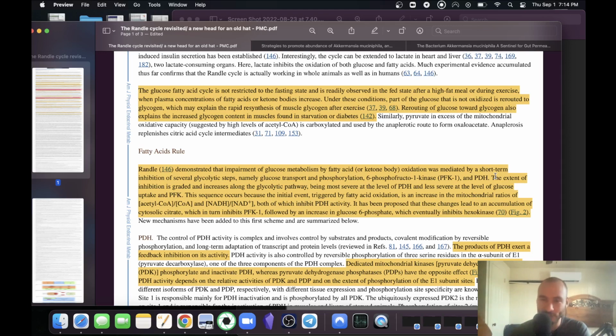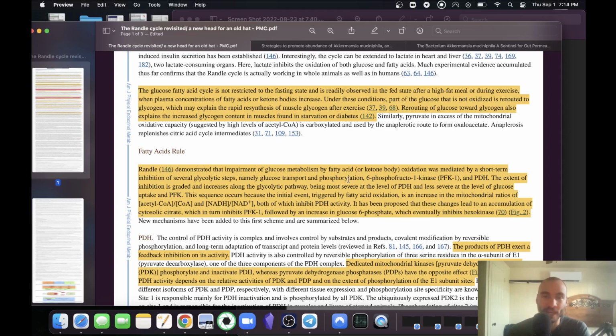So if everything I just said sounded like gibberish to anybody, then don't worry, I will show you exactly what I mean with a graphic. But the main thing to keep in mind here is that PDH, pyruvate dehydrogenase, is the main enzyme that gets blocked by fatty acid oxidation.